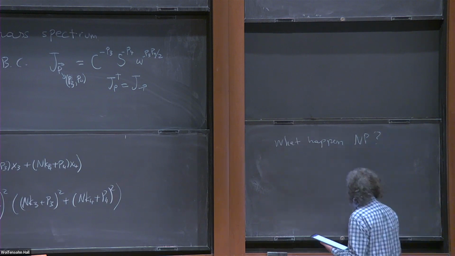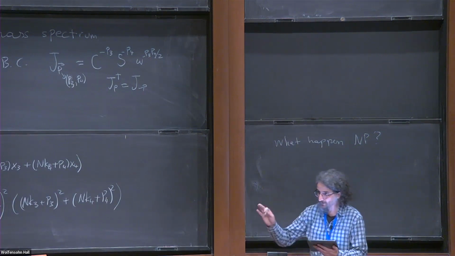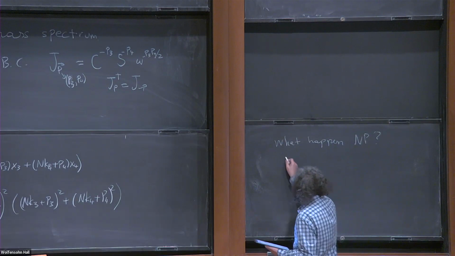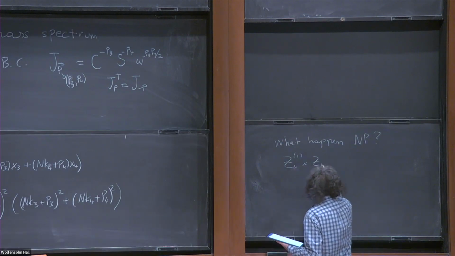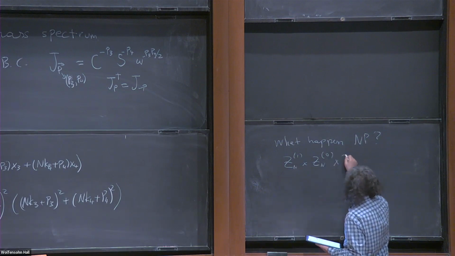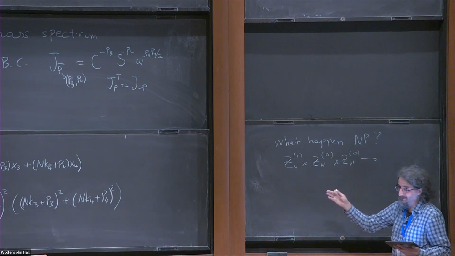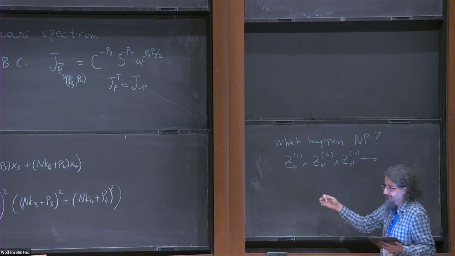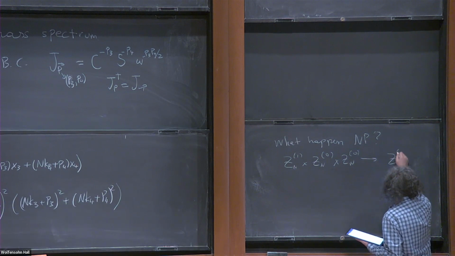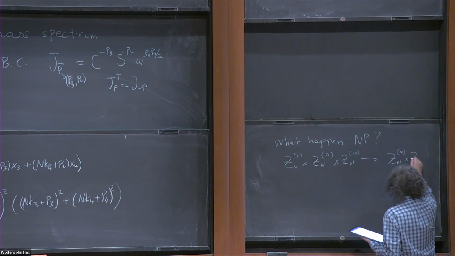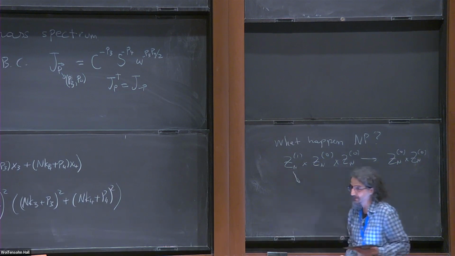Perturbatively, maybe I should write this down, there is a one-form symmetry, and because everything is gapped out, it looks like there is no long-range field. So perturbatively, this one-form symmetry is broken.